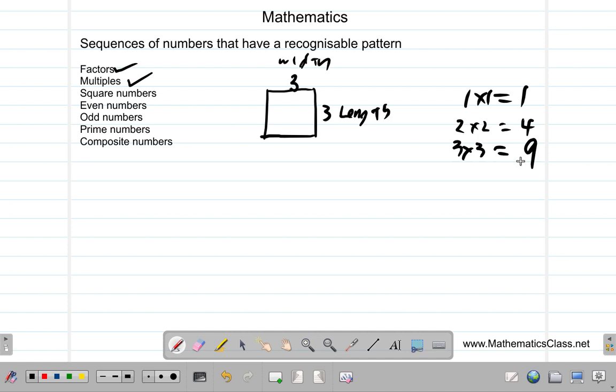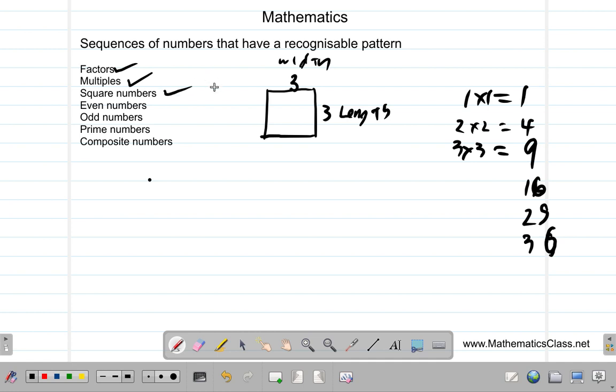So as you can imagine, you have other square numbers: 4 times 4 is 16, 5 times 5 is 25, 6 times 6 is 36, and so on. So 1, 4, 9, 16, 25, 36, those are square numbers, and you have other square numbers too.